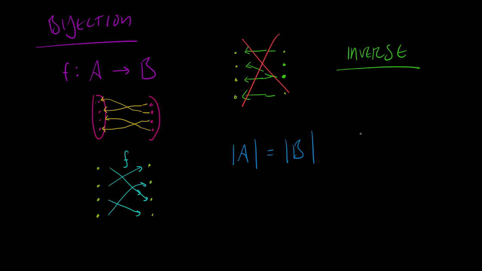And when there exists a bijection between two sets, like what we've shown right here, then there's a word for that. Those two sets are called isomorphic. Isomorphic. So in this case, there exists a bijection between the set A and the set B, and so you can say that set A and B are isomorphic.